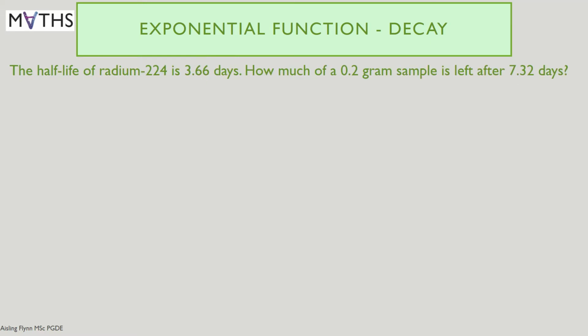Now, here's another example of exponential decay, and it's a common example given, and it is to do with radioactive material. There are many types of radioactive material, and to describe its radioactivity, its half-life is measured.